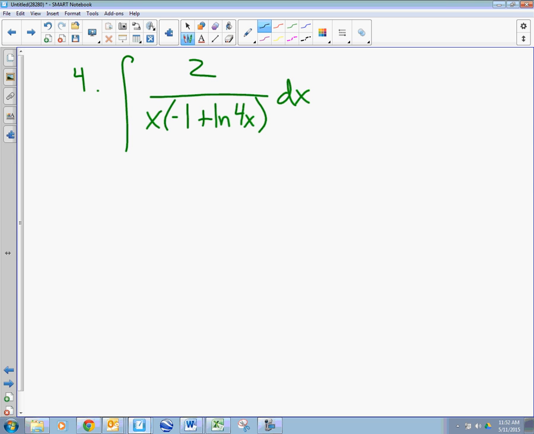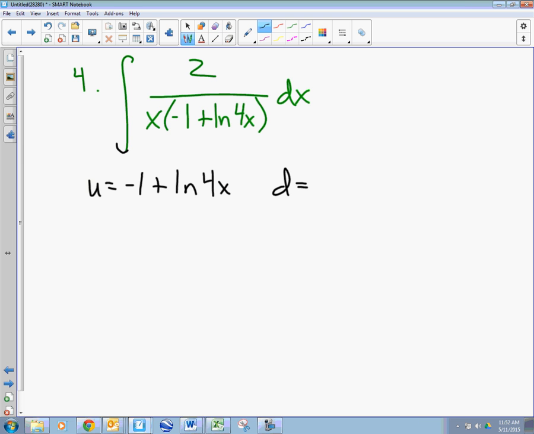All right, number 4, 2 over x times negative 1 plus natural log of 4x dx. Okay, so Bo says that u is equal to negative 1 plus the natural log of 4x. You're correct. Sure. And so du is equal to, derivative of negative 1 is 0.